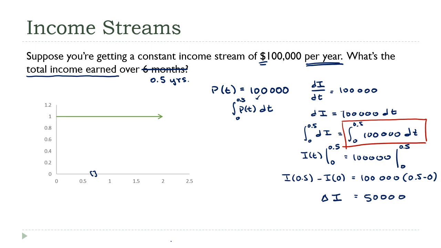If you just multiply 100,000 by 0.5, that's exactly what I ended up doing here. So a basic example to start off with, but a good one because it gave us all sorts of different ways to confirm that what we're doing makes sense.